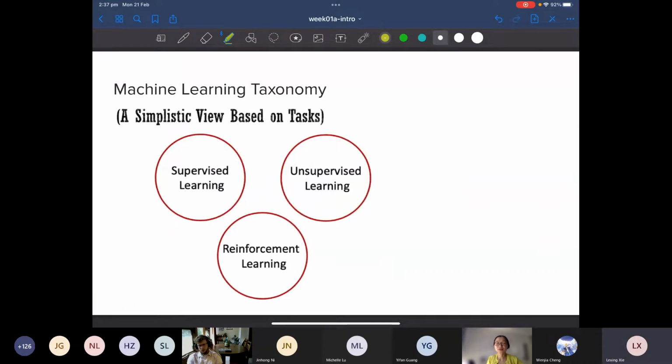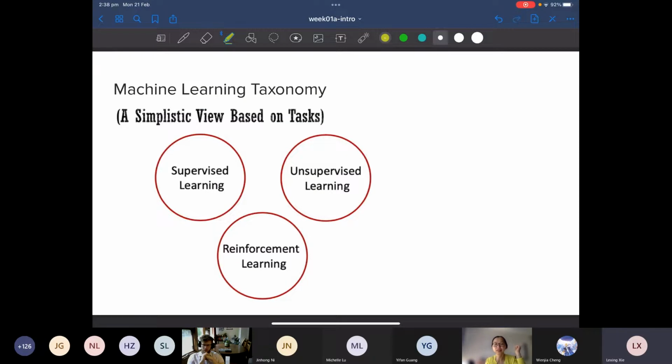Well, in order to participate in the future of machine learning, let's first look at what the current machine learning looks like. Here is a simplistic view, based on task divisions. There are many ways to divvy up machine learning. I'll give you a glimpse of the complexity around the end. But for now, let's assume there is supervised learning, classification or regression, where we know there's a target, and there's some data to learn that target.